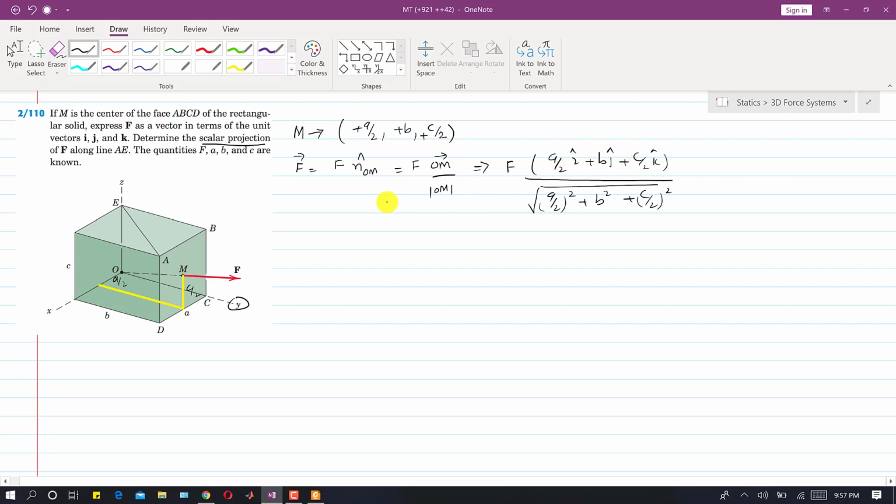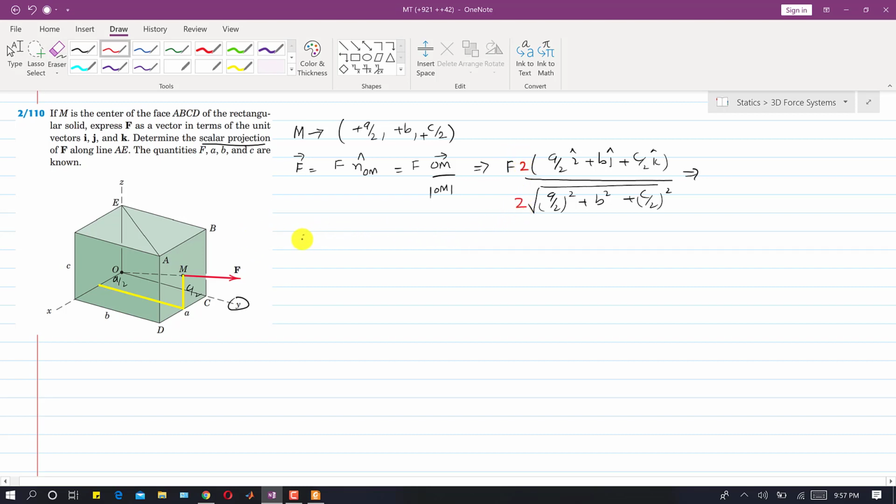And if I simplify this, this F vector will be equal to F magnitude, and if I multiply and divide this by 2, so 2 and 2 here, right?